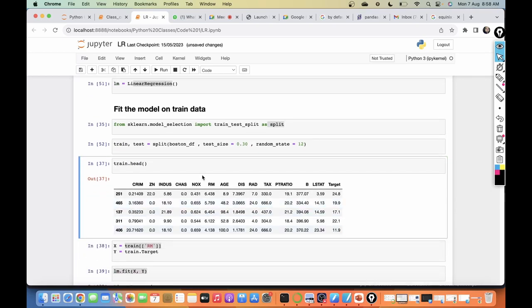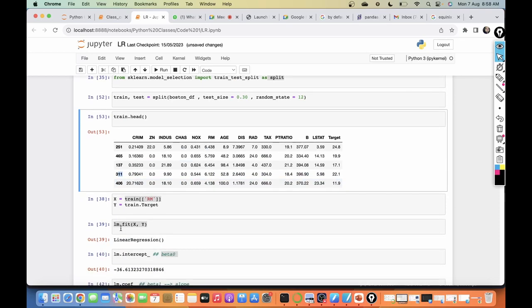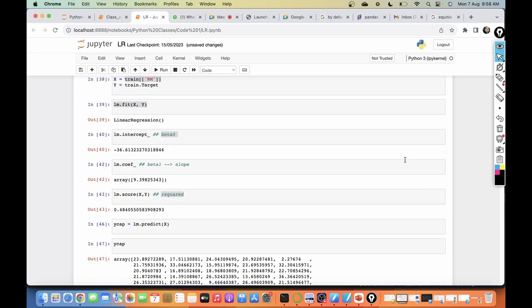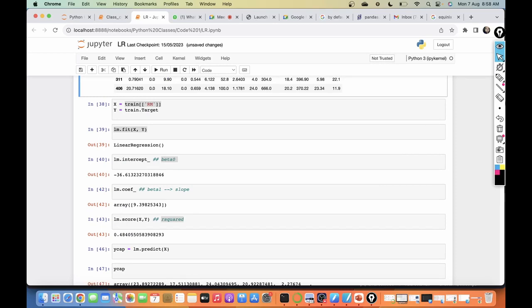Now if you want to visualize, you can see that randomly 251, 465, 137, 311 are the values that have gone into the train. Now, before moving on, let's create a simple linear regression.